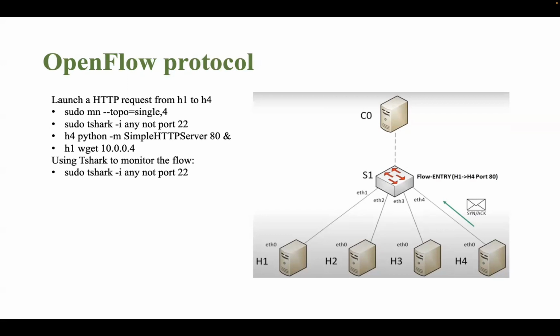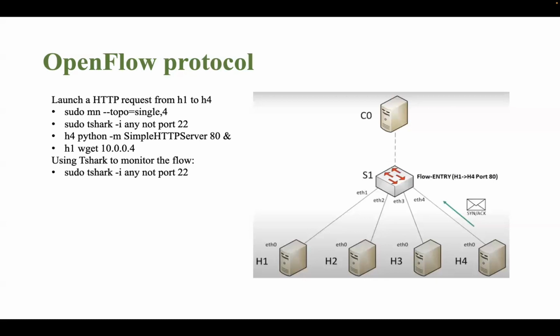Even though the switch knows how to deal with the HTTP packet from H1 to H4 on port 80, S1 doesn't have the table entry for the SYN ACK packet from H4 to H1, and so this situation is named table missing, the flow entry table missing. So if S1 cannot find a solution for this SYN ACK packet, S1 will ask the controller to instruct switch 1 what to do.